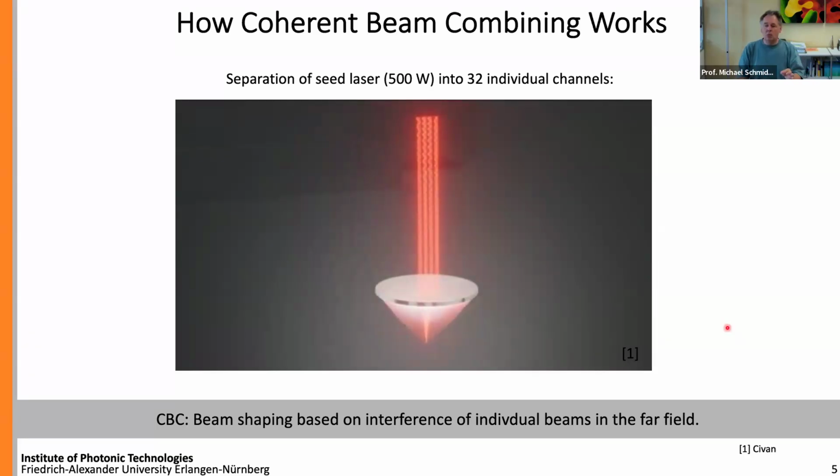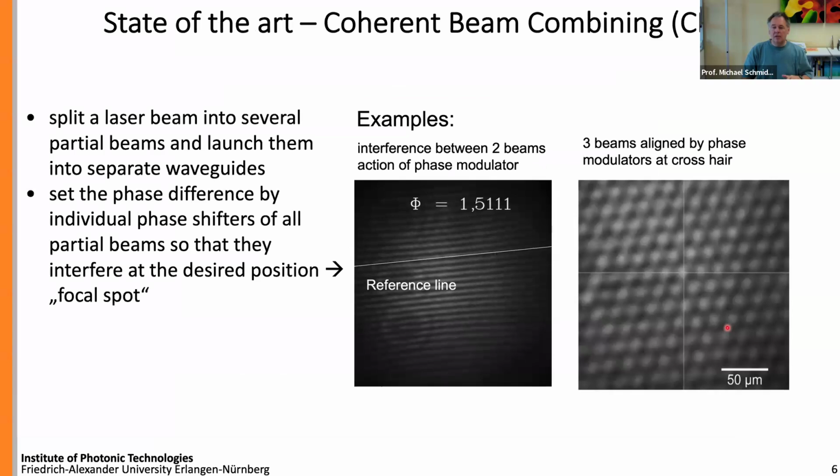You can basically do more, but moving a spot is one thing that helps you to create images in the image plane. And how does it work? We did some basic experiments here. You can see in the middle here, this is just the interference between two beams.